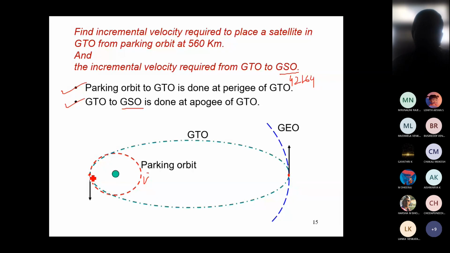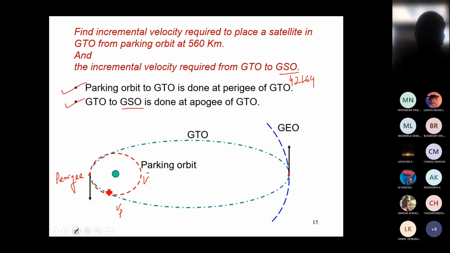So when the satellite moves from parking orbit to GTO orbit, since the perigee is a common point between the parking orbit and GTO orbit, we have to find out what is the incremental velocity, or the additional velocity we have to put such that there will be a change of the orbit for the satellite. With that we will calculate a new velocity, that is called velocity at perigee, which I can represent by the symbol Vp.